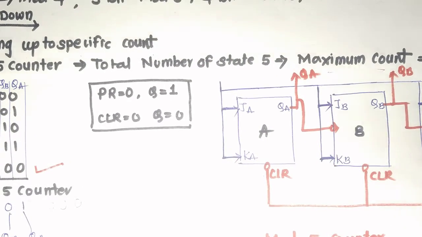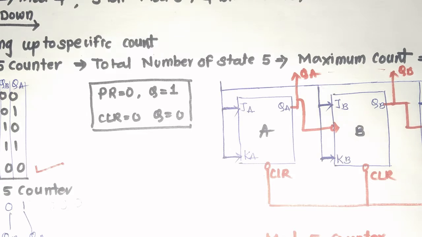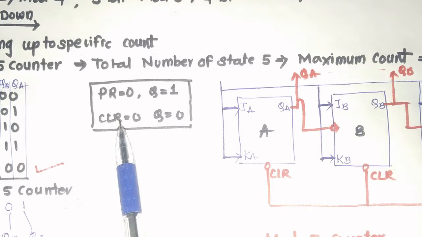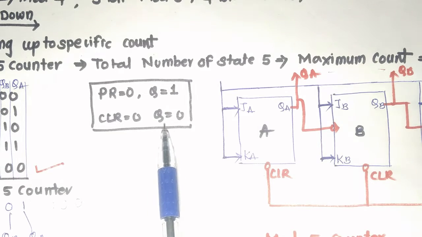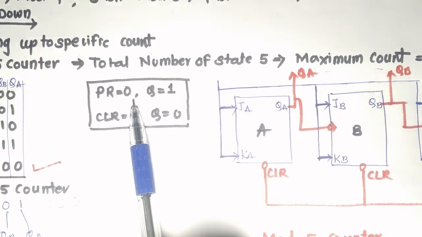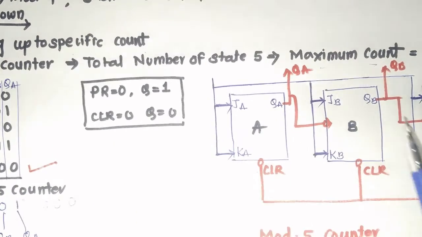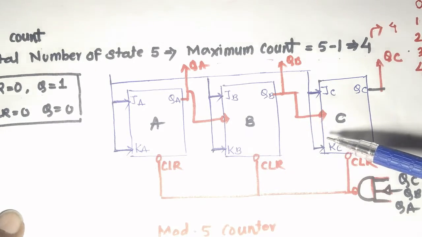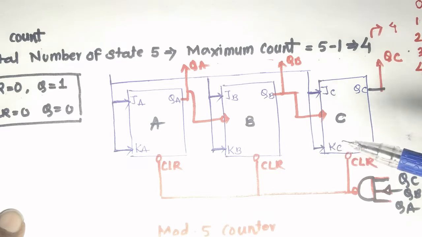So always remember the condition: if preset is equal to 0, then the output of the flip-flop is equal to 1. If clear is equal to 0, then the output of the flip-flop is 0. We are applying the same logic for designing the mod 5 counter. As you know, we have the counter circuit diagram, that is the mod 5 circuit diagram.